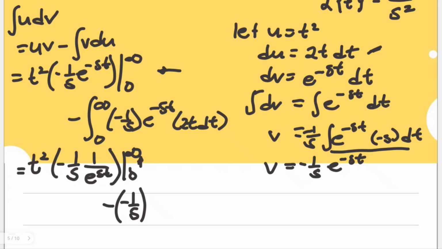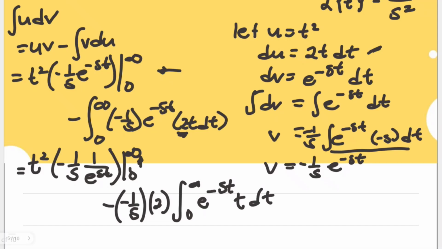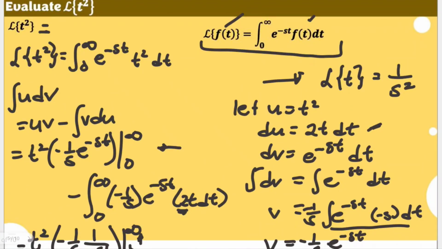But also move 2 outside, because whatever is left here, e to the power of negative st, t dt, is already closer to an example that we had before. Look into this. This is actually the result for the Laplace transform of t, which is just 1 over s squared.